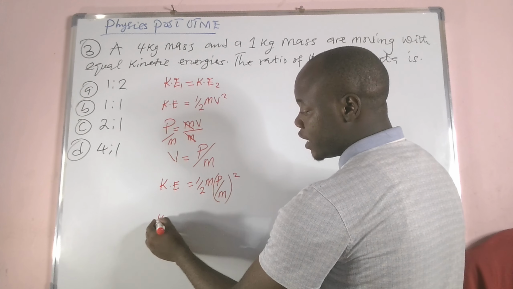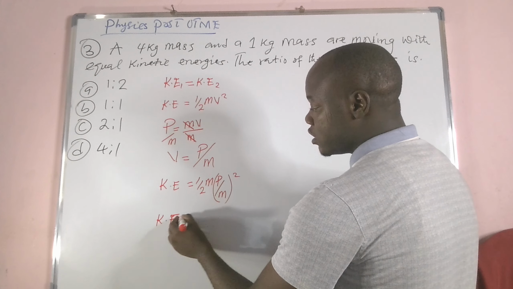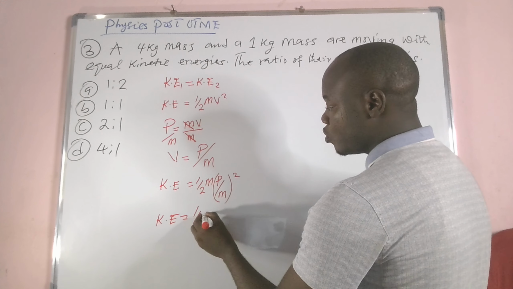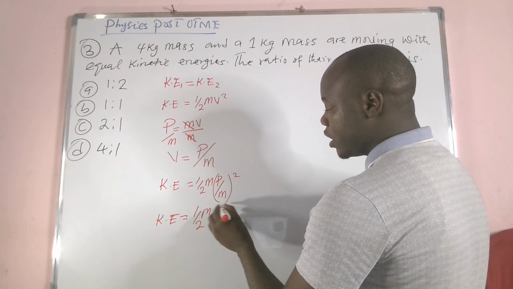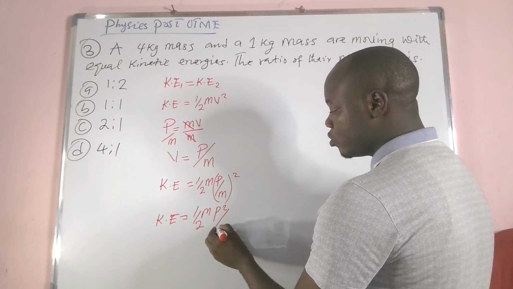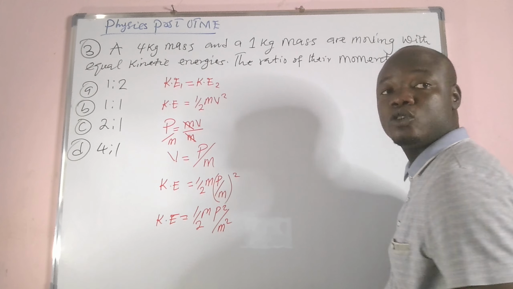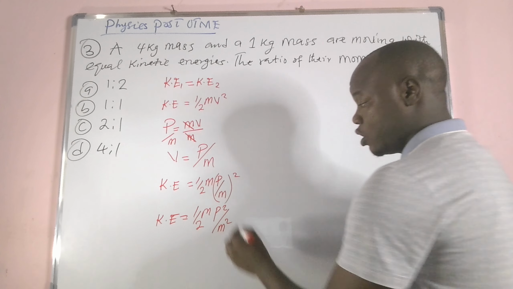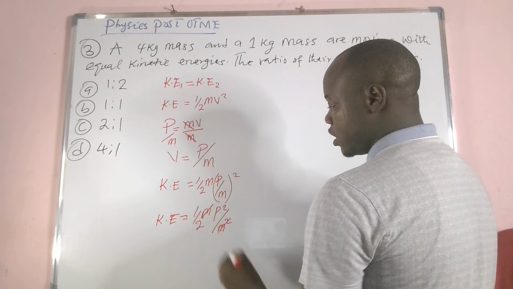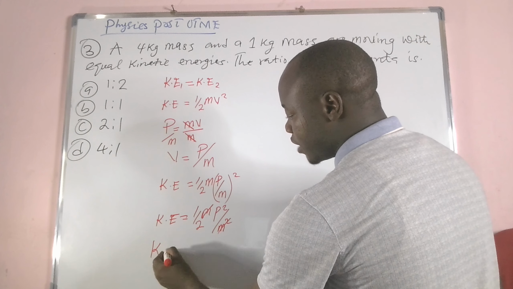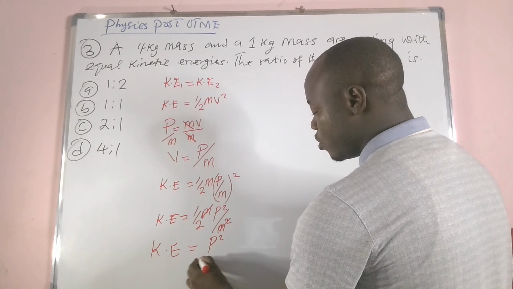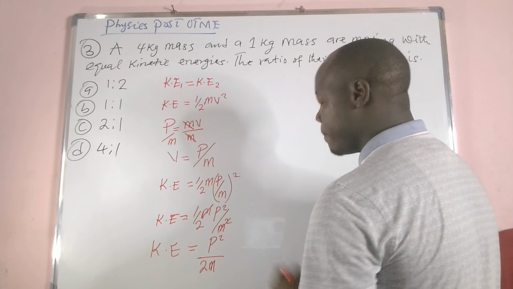Kinetic energy is equal to half m P squared all over m squared. So one m here will take care of one m here, and we now have kinetic energy is equal to P squared all over 2m.